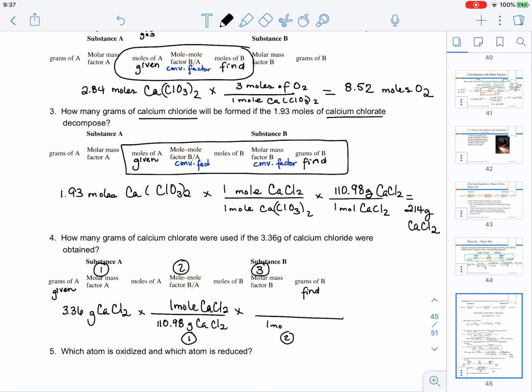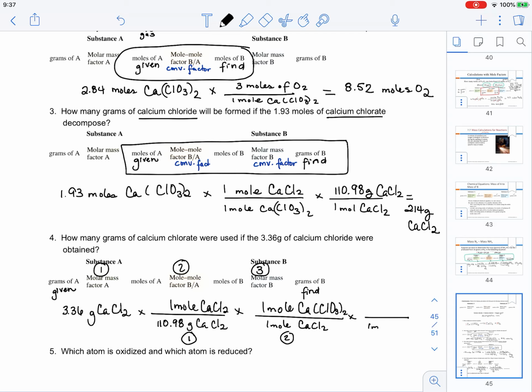We have 1 mole of CaCl2 related to 1 mole of Ca(ClO3)2. And remember that comes from the balanced chemical equation. And then lastly, for the last conversion, we are going to find the molar mass of calcium chlorate.